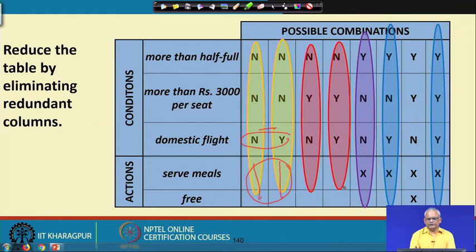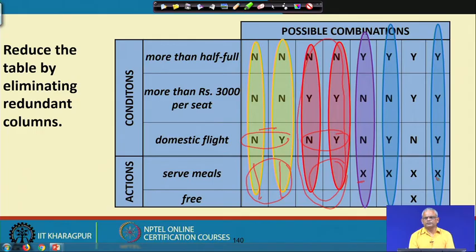Similarly, we can combine these two. The action part is the same and they differ with respect to this, so this becomes a do not care. But what about this? This we cannot combine with any other, because the action we do not have.